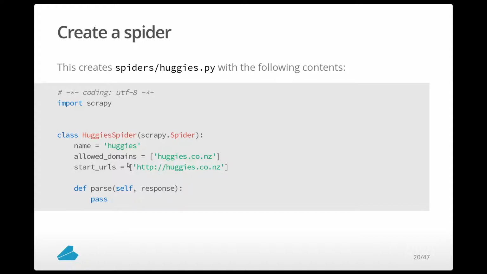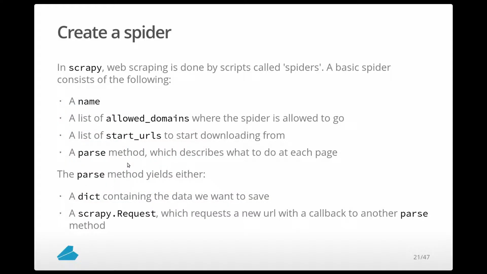So the idea is you either return the data or you return a request to get data from another page with a label that tells Huggies Spider which method to process that request once it comes through. So I'll explain that a little more later. But yeah, so these are all things I said. Yeah, the bottom thing especially.